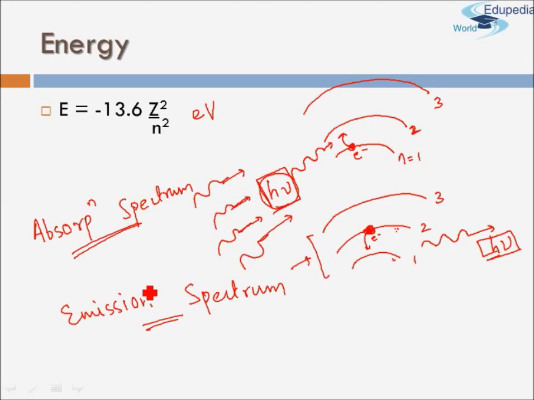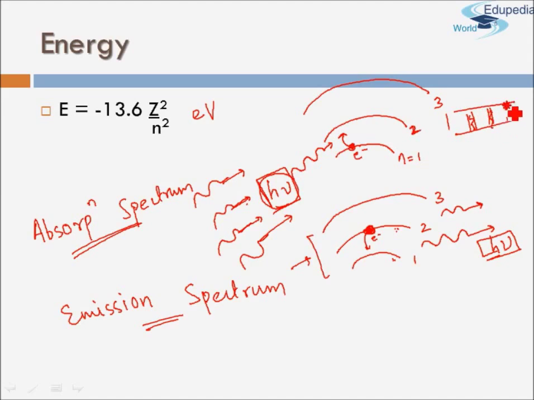The waves which are emitted can have their impression taken on a photographic plate, giving us the emission spectrum, and the waves which have not been absorbed can be taken on a photographic plate where we'll see dark lines, and the dark lines correspond to the radiations which have been absorbed.